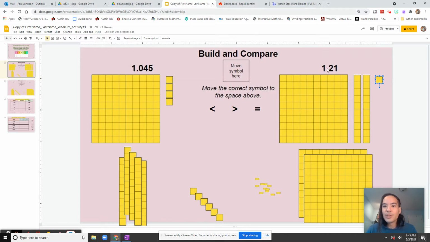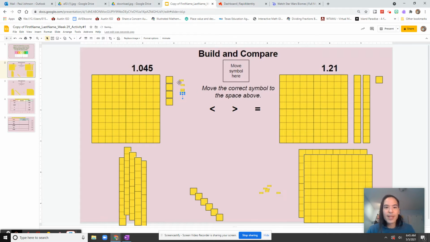So we've finished constructing our number on the right, 1 and 21/100ths. Here's 1, 2/10ths, and 1/100th. Over here, we're not done because we have 1, 0/10ths, 4/100ths, and now we need 5 thousandths. 1, 2, 3, 4, 5. Looks kind of weird.